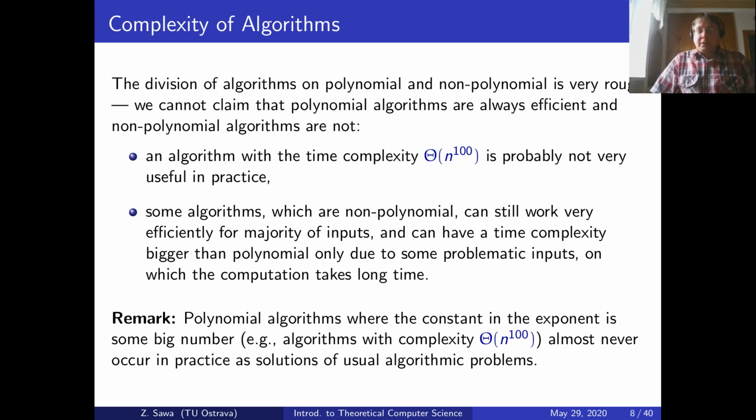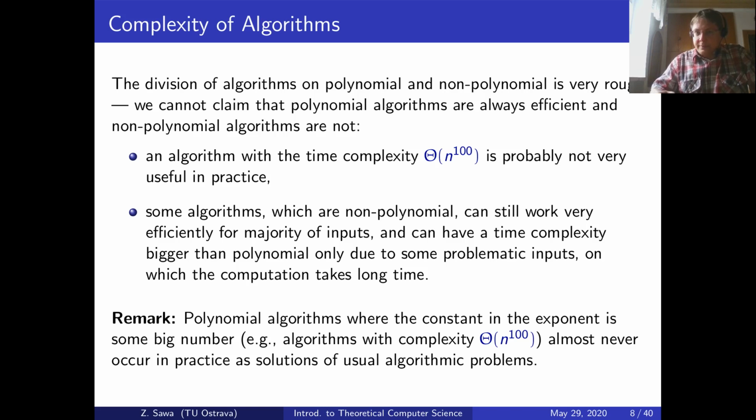In theory, it's possible to artificially construct such problems, which could be solved by an algorithm with time complexity n to 100, but cannot be solved by any algorithm with time complexity n to 99 or something like that.